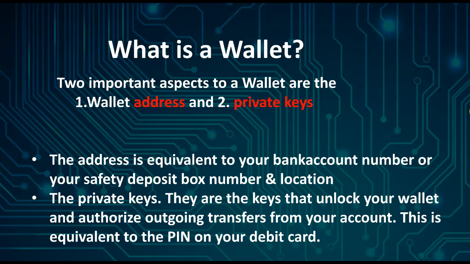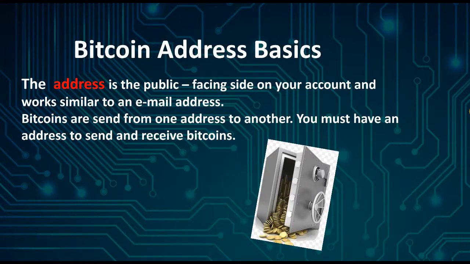This is equivalent to the PIN on your debit or credit card. The address is the public facing side of your account and works similar to an email address. Bitcoins are sent from one address to another, and you must have an address to send and receive Bitcoins.